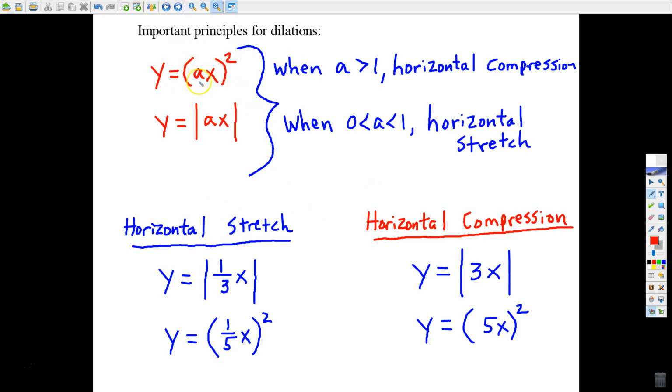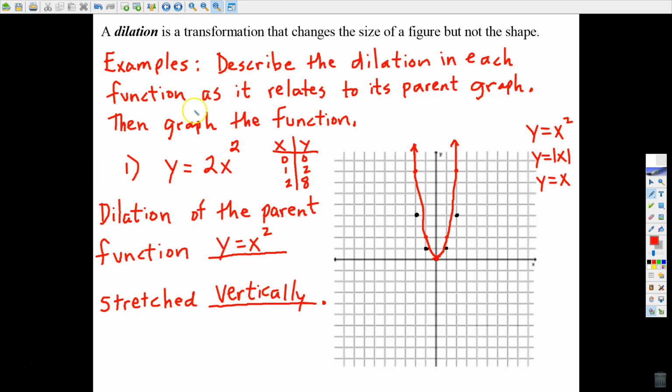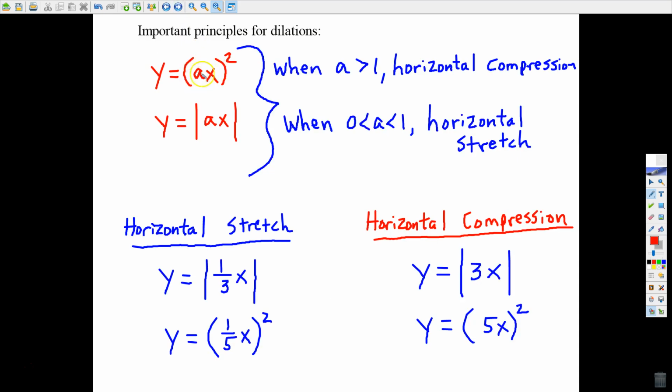Well, as you notice, we're still focused on this number that I'm calling A, but notice where it is now. Okay, draw a distinction between this example and now I've got this number I've called A inside either parentheses, or in the case of absolute value, it would be inside the absolute value. Okay, so this is going to give me either horizontal stretch or compression, and I've given you some really good information here.